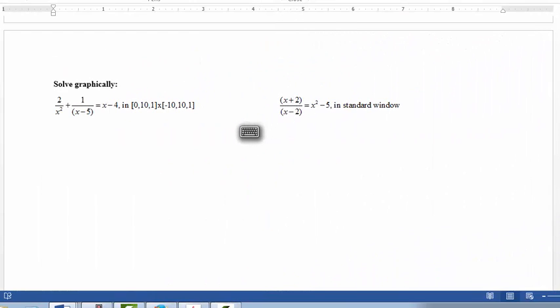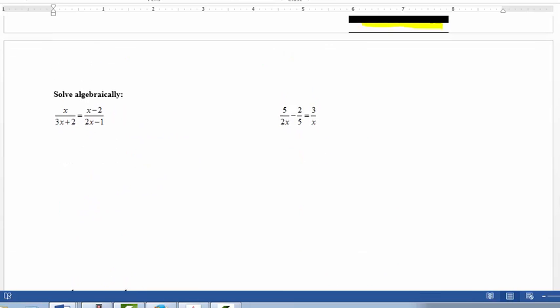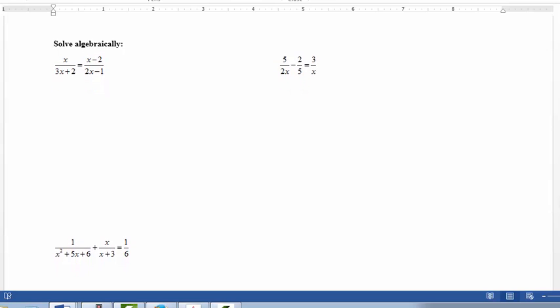Okay, so our first set of problems were rational expressions, adding and subtracting. The second set is going to be, and this is the wrong set, it's up here, rational equations. All right. Now, normally with most rational equations, you have to still worry about LCD, but in the first one that I have here, x over 3x plus 2 equals x minus 2 over 2x minus 1, there's only one fraction equal another fraction, right?